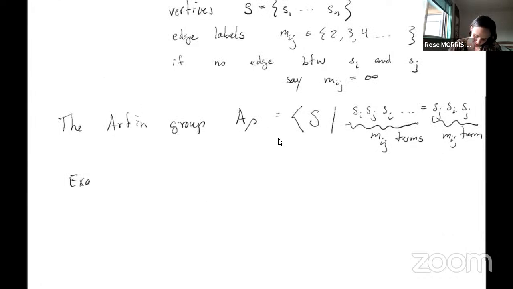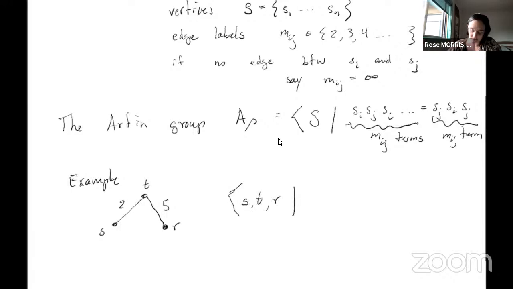Here's my example. Let's just do a pretty simple graph here. Maybe I just have 2 edges. And my vertices are S, T, and R. And maybe I have 2 and 5, something like this. Right, and so this is the group. It's generated by S, T, and R. And the edge labeled 2 gives me a commuting relation.